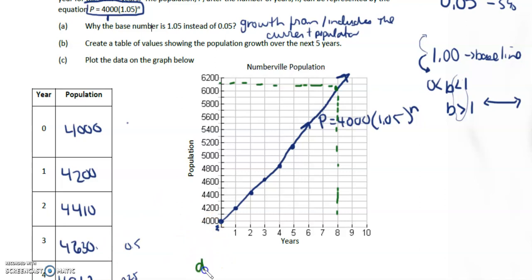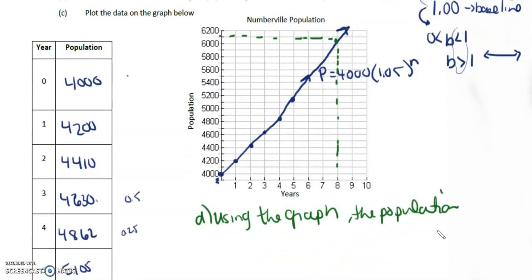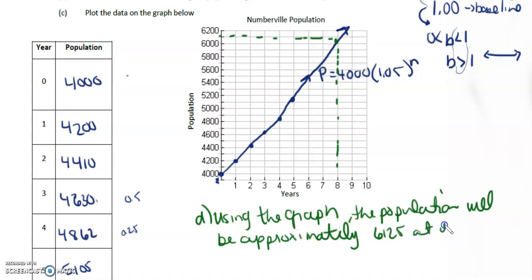So using the graph, the population will be, let's say approximately, 6125 at year 8.